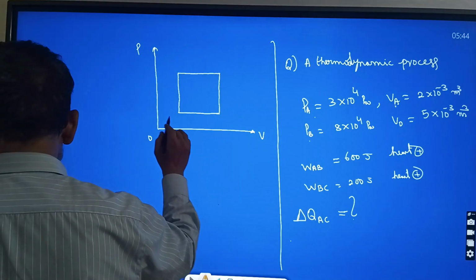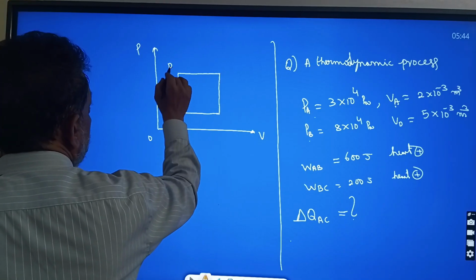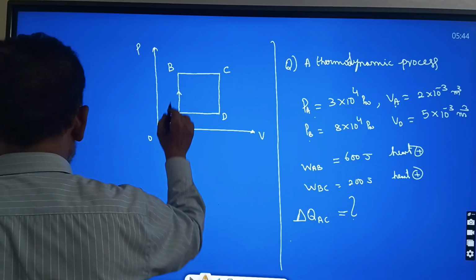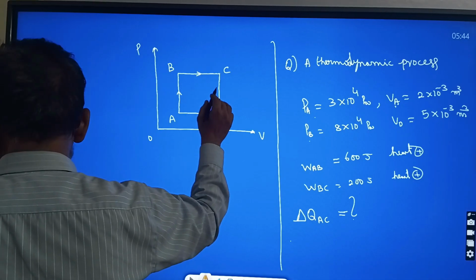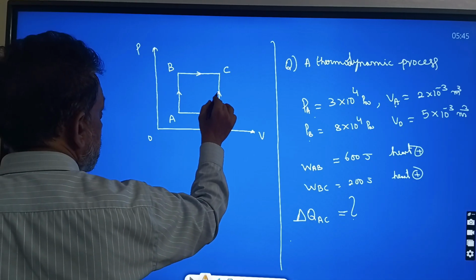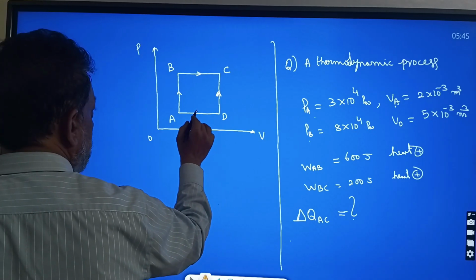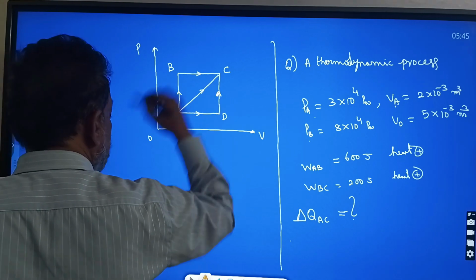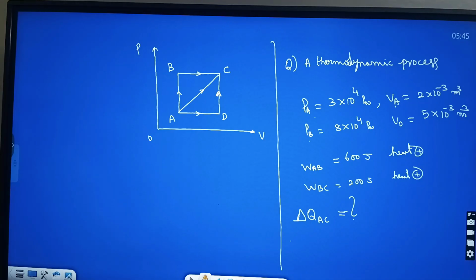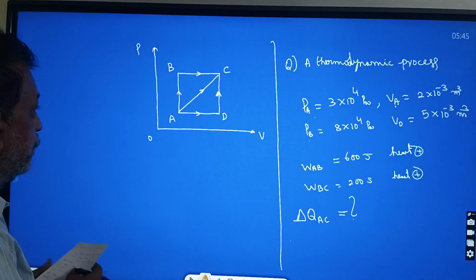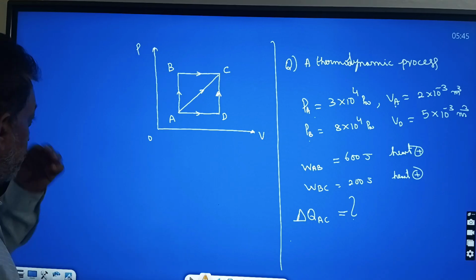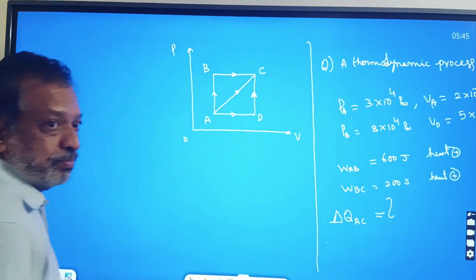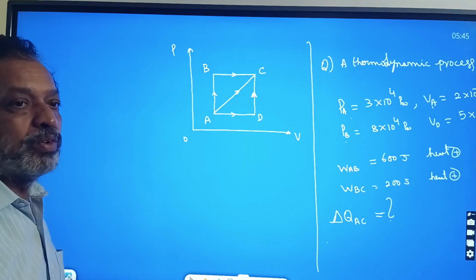Very easy. AB, BC, DC, with arrows. This is B. So in AB the volume is constant, whatever the pressure is.